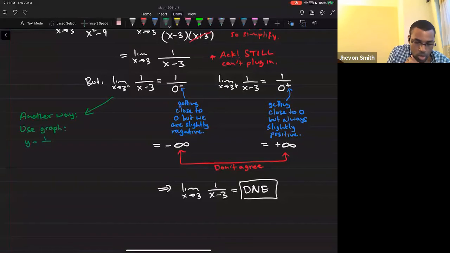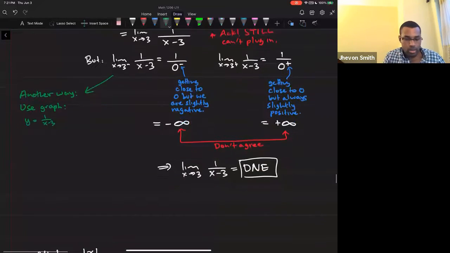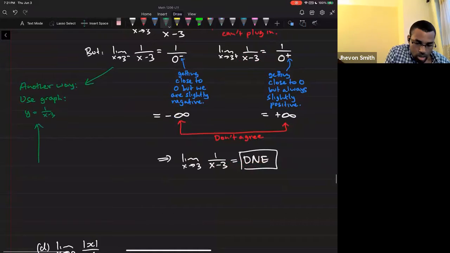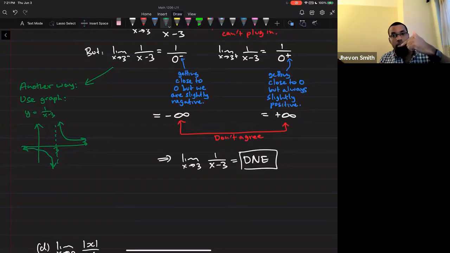Y equals 1 over x minus 3 is just like the graph of 1 over x, but it's shifted 3 units to the right. So the graph is going to look like that. And you'll see that if you're coming from the left side, you're going down. If you're coming from the right side, you're going up. These two don't agree. So the limit does not exist.